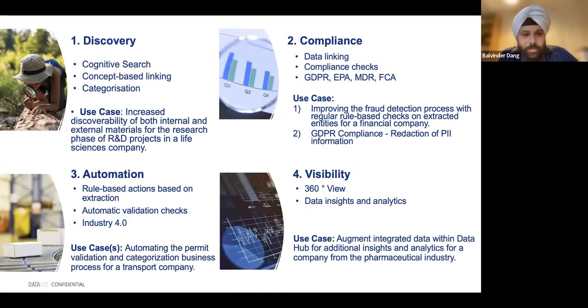Yeah. So building that 360-degree view and giving that data insight and analytics is where MarkLogic can solve this, right? So one data feed could be about the behavioral pattern of the customer, but there could be other information about that customer that you have within your data landscape, and putting that in one data hub.